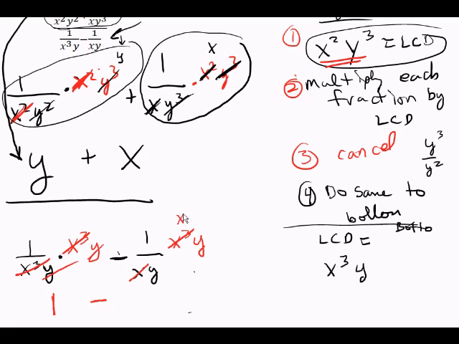Now the second fraction. The x cancels with the x3. What do I have left? X squared, exactly. And then the y's cancel, and they just go away. So what do I have left on the second fraction? Yes.